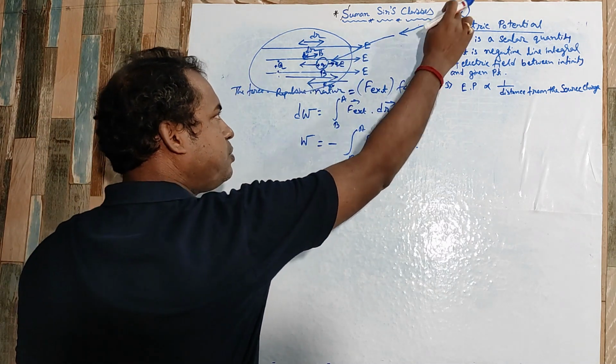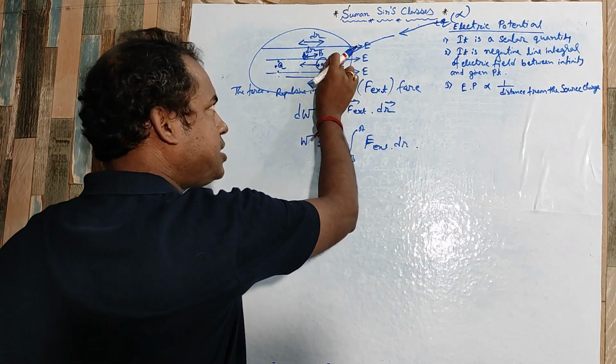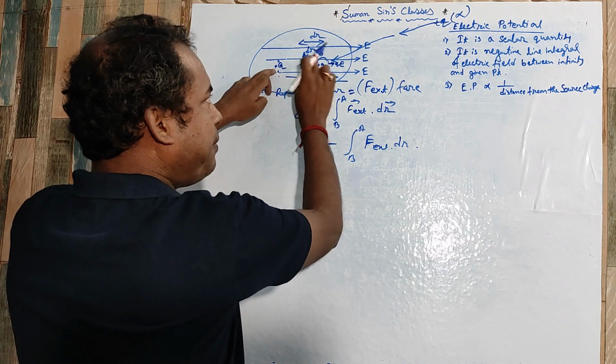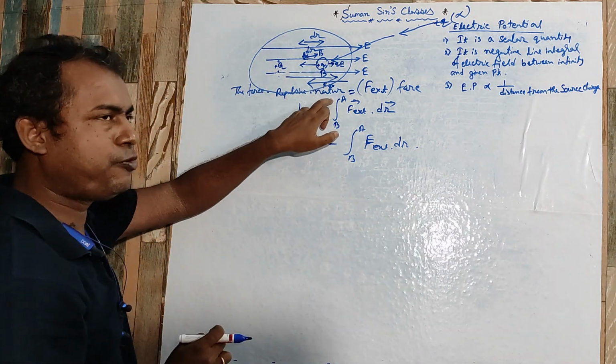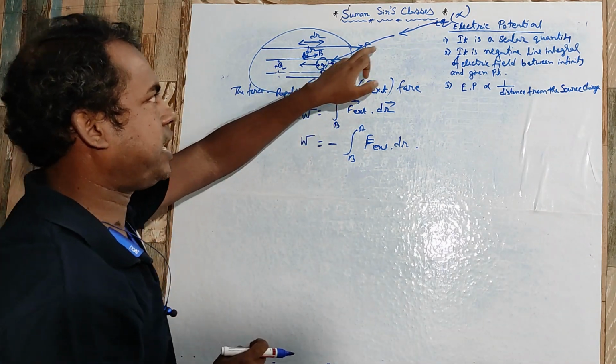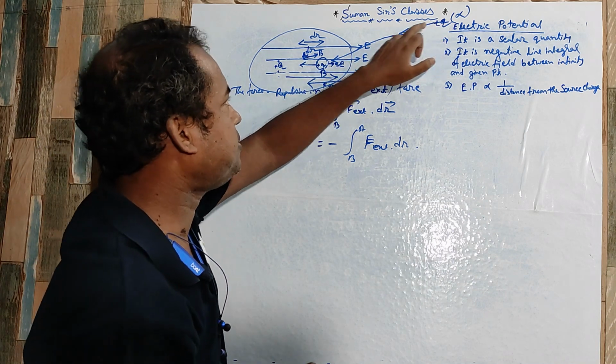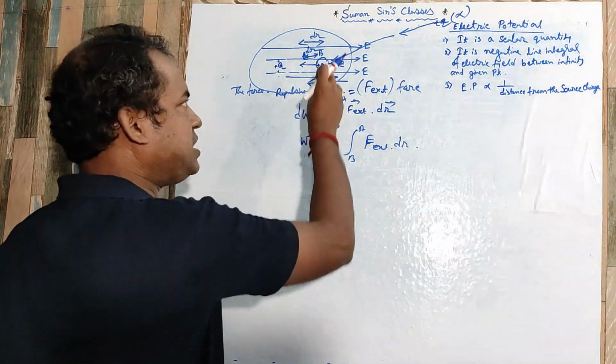Because this charge is moving from infinity to this distance, within this field the main force acting is the repulsive force. Against this repulsive force, the charged body is moving from infinity into the specific field.